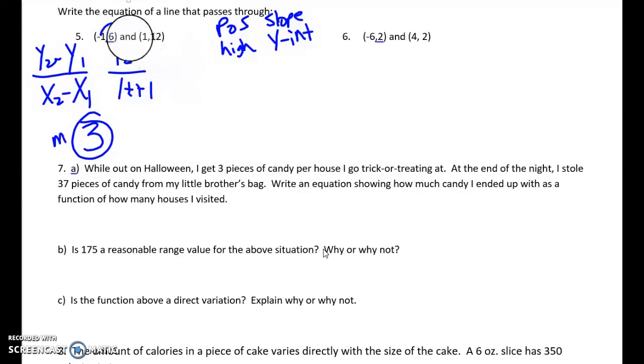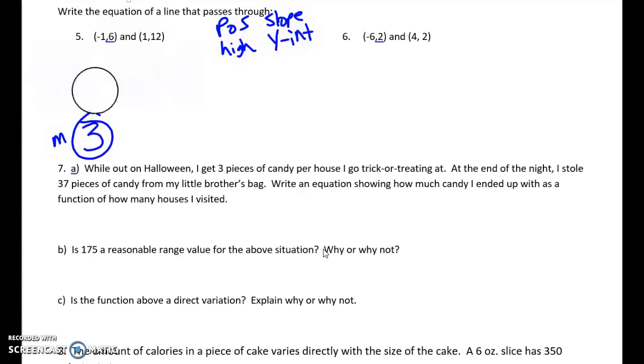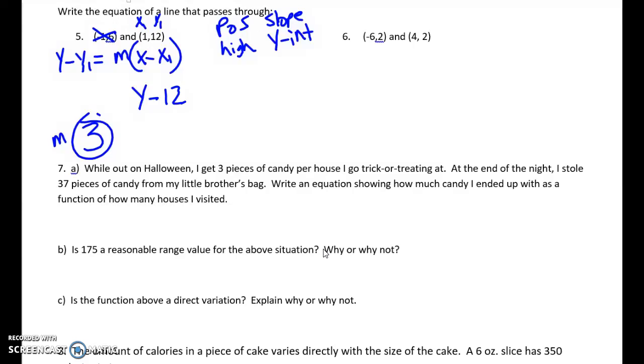Next, I'm going to look at the point slope formula. y minus y1 equals m times x minus x1. I choose either point. I don't like negatives, so I'm not going to choose that one. Here's my x1. Here's my y1. So, y minus 12 equals m times x minus 1.